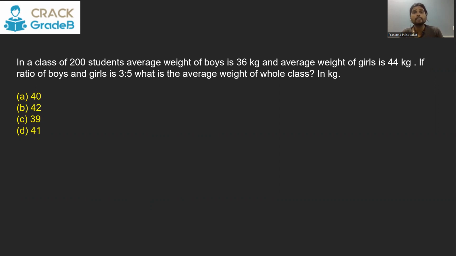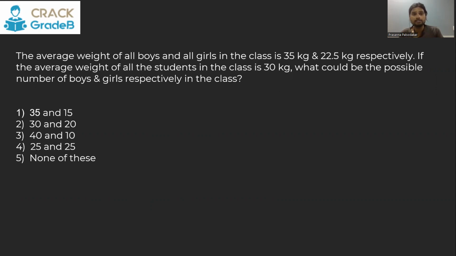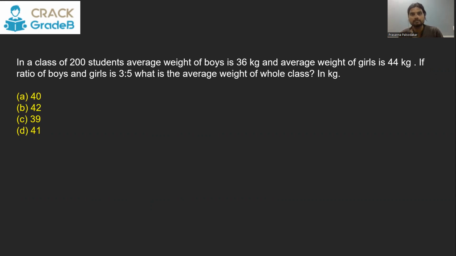So first of all, if you read the question, it says in a class of 200 students, the average weight of boys is 36 and the average weight of girls is 44, if the ratio of boys to girls is 3:5.